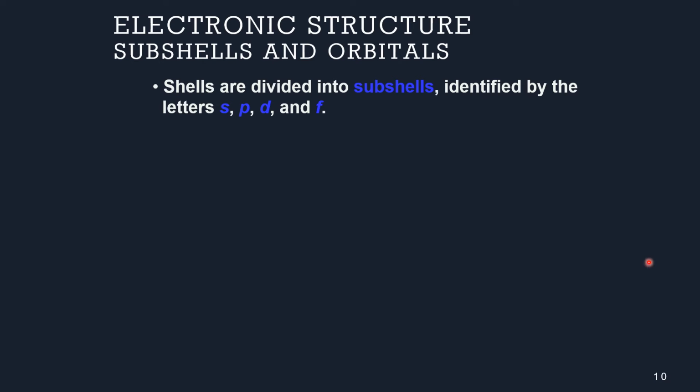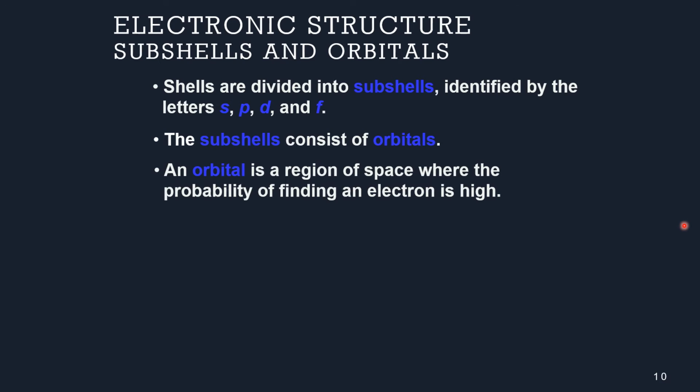Within each of these shells are subshells and orbitals. So we break it down further. So we have shells, we have subshells, we have orbitals. So we're breaking it down into smaller and smaller pieces. So the shells are divided into subshells. These are lettered. So the shells were numbered, the subshells are lettered, S, P, D, F. And then inside the subshells, we've got orbitals, which are even smaller spaces where you can find an electron.